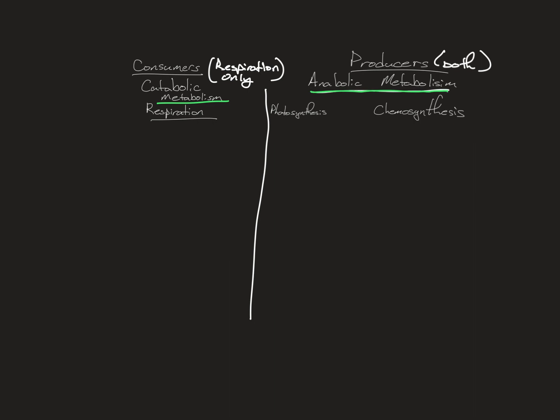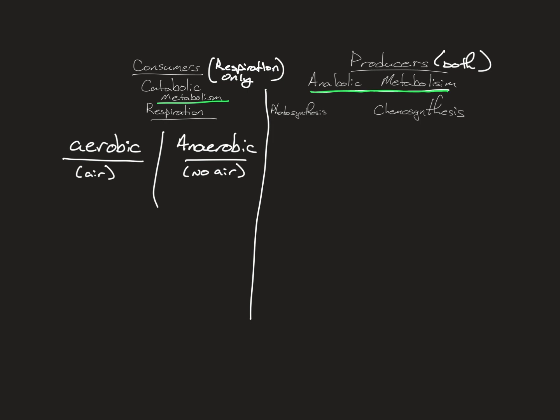Respiration can be broken down into two types. So you get aerobic or anaerobic. Aerobic has to do with air, and anaerobic, no air. And it's not actually air, obviously, at least I hope that's obvious.